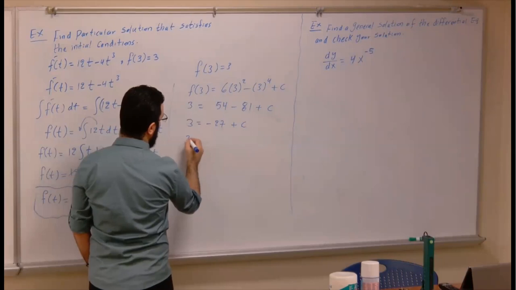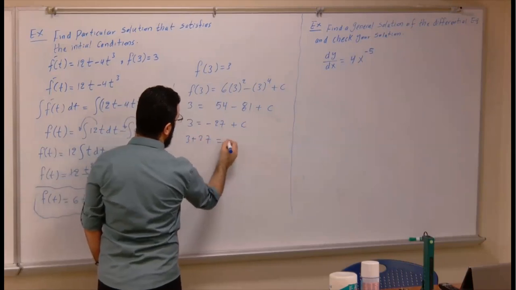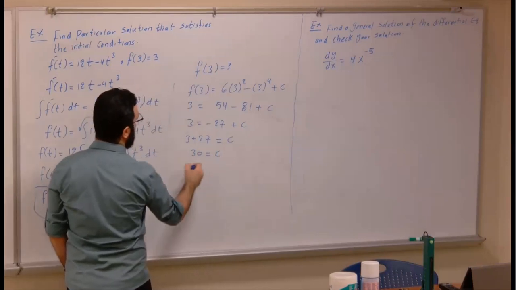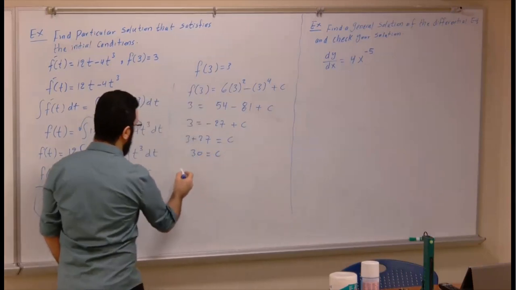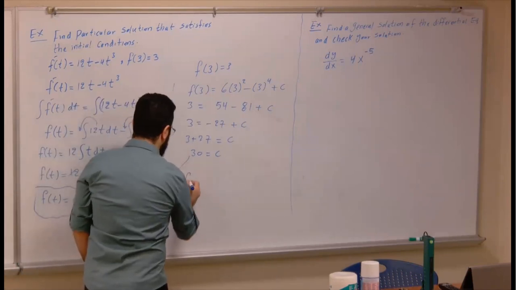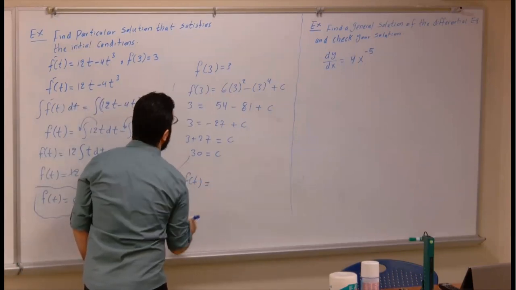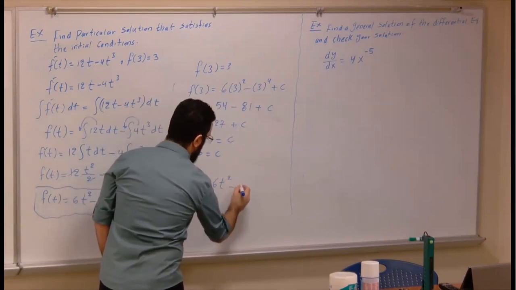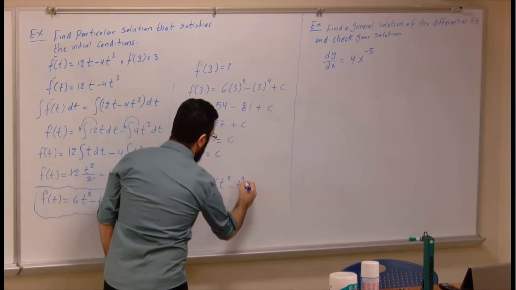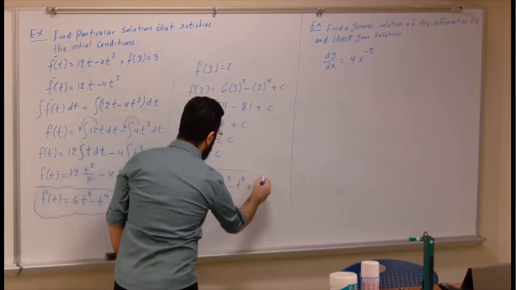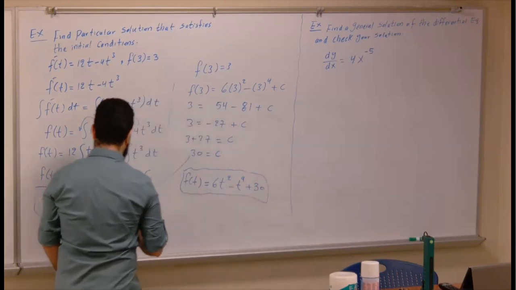So it's going to be 3 plus 27 equals c. That means 30 equals c. So this is the c. We're going to go back and plug in the c here to get the particular solution. So f of t is going to equal 6t squared minus t to the power 4 plus 30. So this is a particular solution, and here's our general solution.